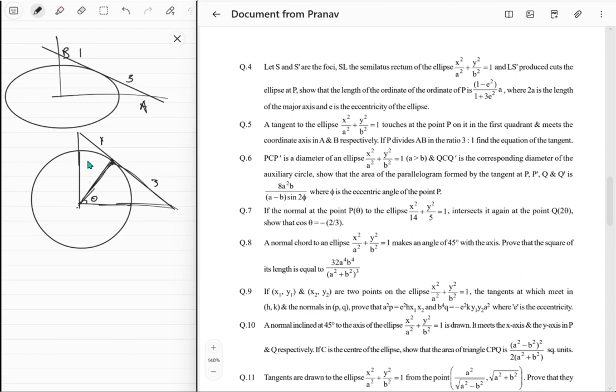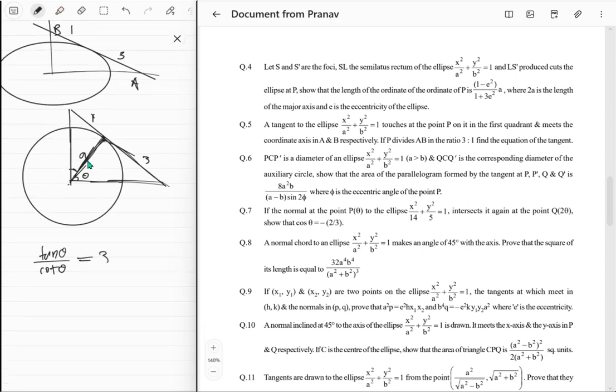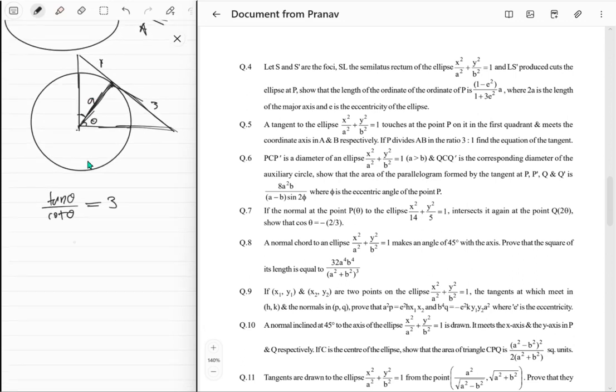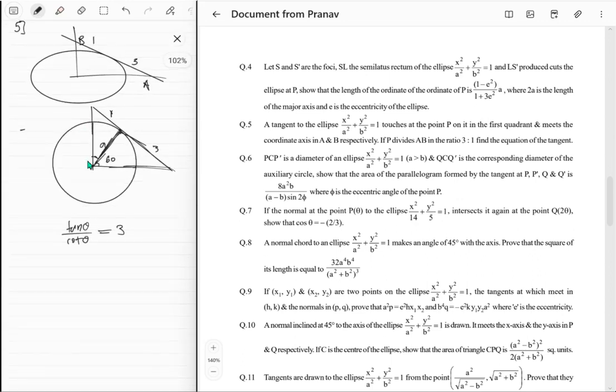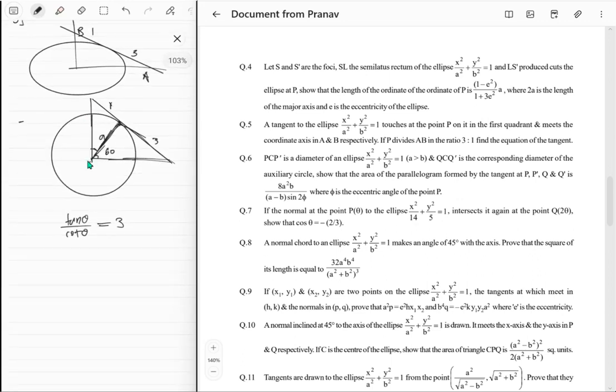Okay, not 1, it's a, but you get the thing. So this thing would just be a tan theta. So tan theta to what about this guy? It's tan of this angle, which is cot theta right there. That has to be equal to 3, right? Which is tan square theta equal to 3. So tan theta has to be square root 3. That means theta has to be 60 degrees. That's all you really need, because now you have the eccentric angle. You're good to go. Cool.